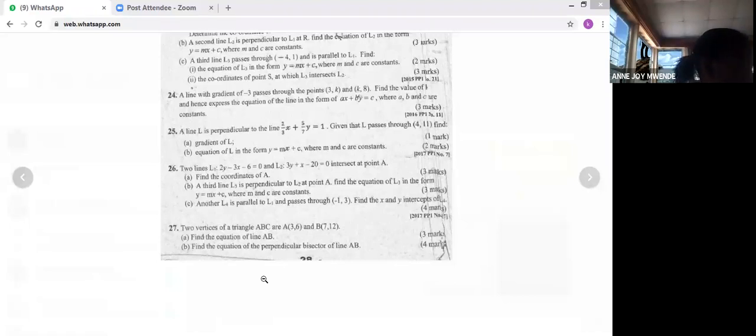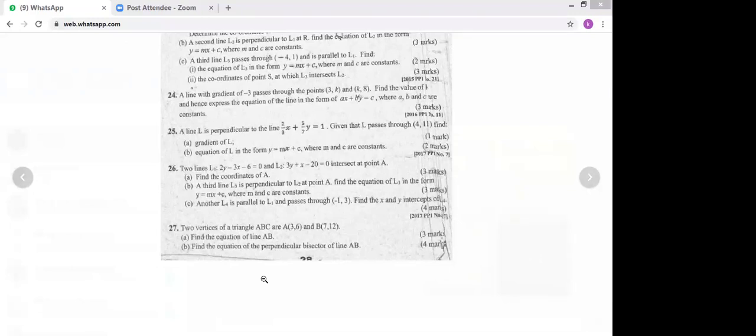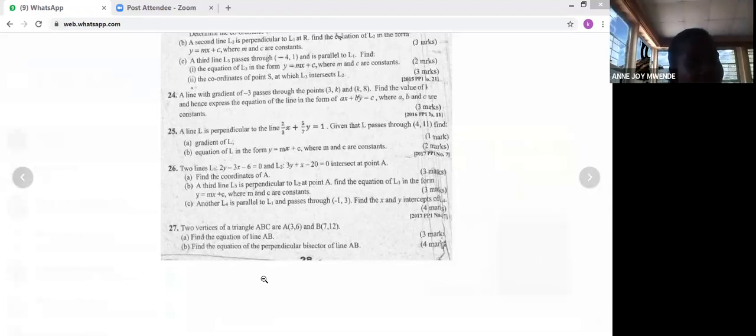Part C. Another line L4 is equal to L1 and passes through -1. Yes. Part C. The coordinate of the x-intercept is -3, 0, and the y-intercept is 0, 4.5.